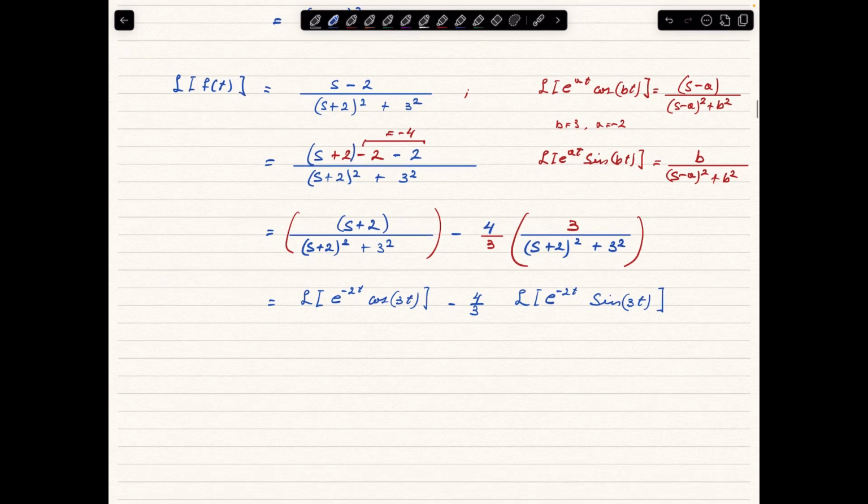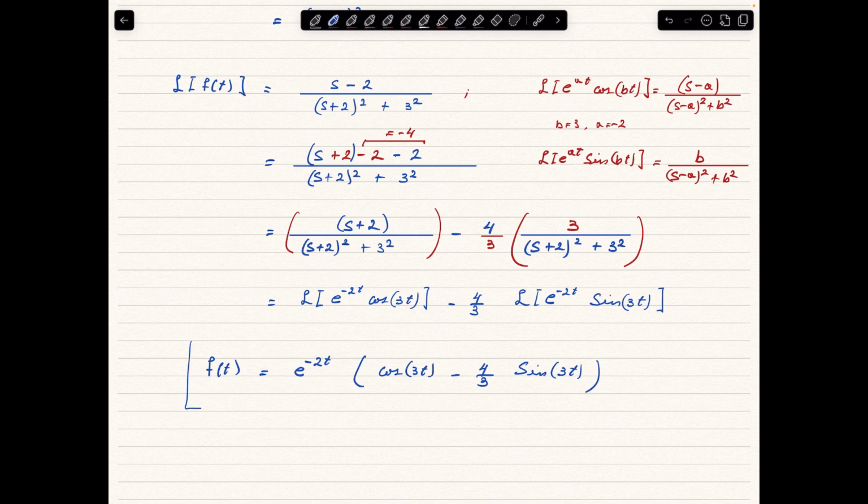So we put everything together and we got our function f of t. Our function f of t is just the exponential negative 2t, as a common factor, times the cosine of 3t minus 4/3 times the sine of 3t.